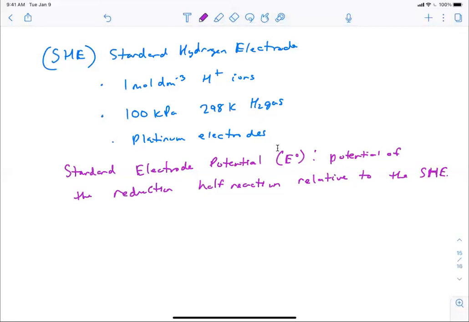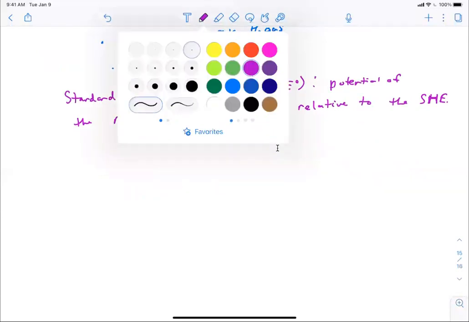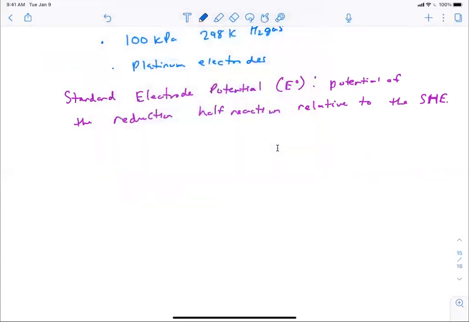And along with those electrode potentials, you need to think about electrolysis of aqueous solutions. And that is quite a bit of application as well.